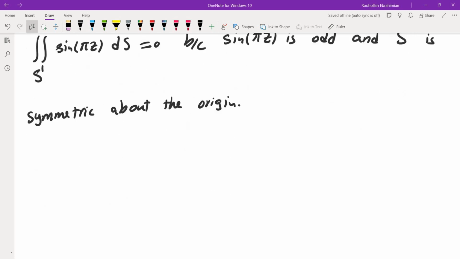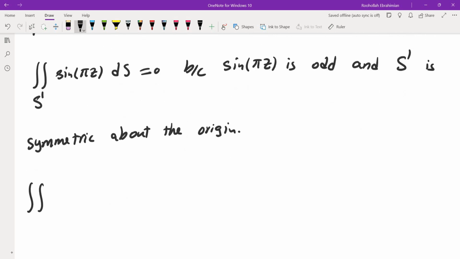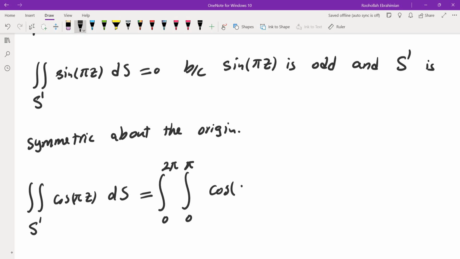So we'll have to look at the other one, the cosine one. If you look at this surface integral of cosine of pi z dS, we can use spherical coordinates. Theta goes from 0 to 2 pi, phi goes from 0 to pi, and this is cosine of pi cosine of phi, and then rho squared sine phi, rho is 1, so that's sine phi d phi d theta.